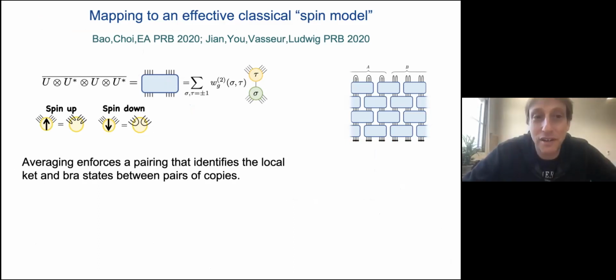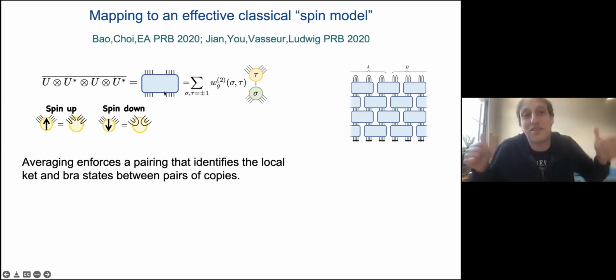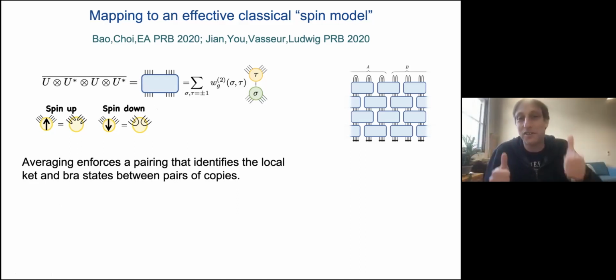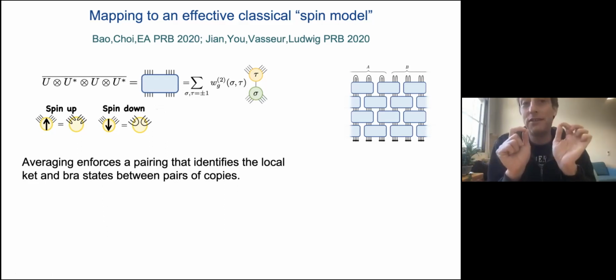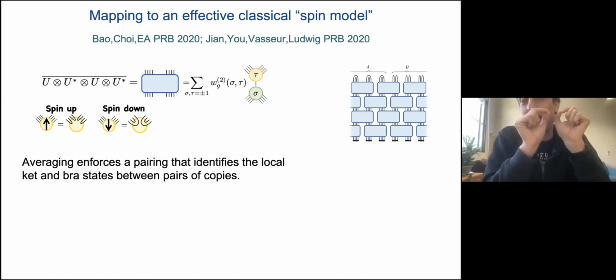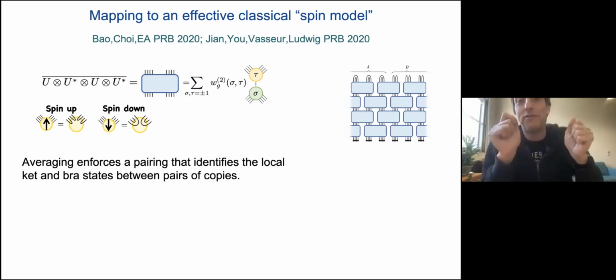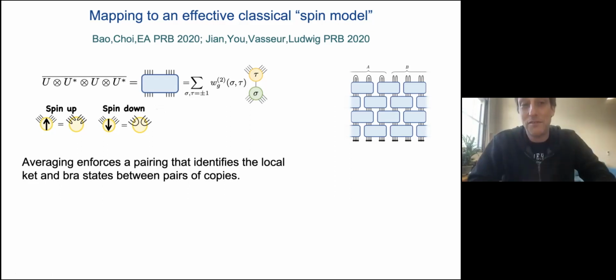This averaging, for a reason that actually is very intuitive, projects you only onto 2 possible states. And the 2 possible states, which I'll call spin up and spin down, are the states where you identify the ket and the bra in all the copies, the ket and the bra of the same copy, or you identify ket and bra of different copies.